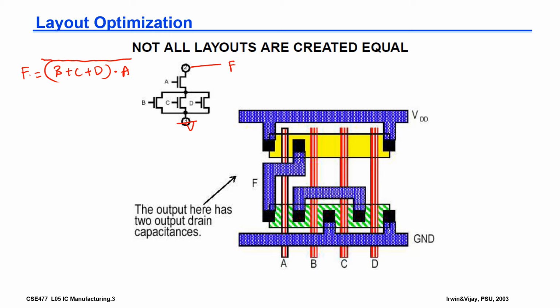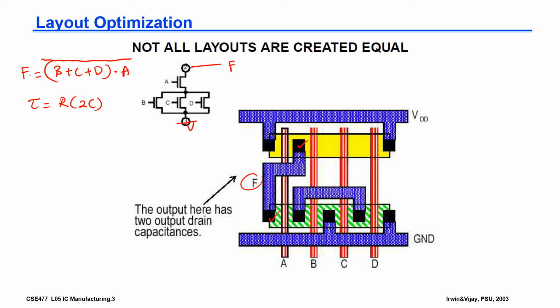But if you look at the layout construction here, they are different. So how many drain capacitance do they have? This is the output, so you have 1 and 2, only 2 output drain capacitance. So you actually reduce the output delay. Over here you have only 2 capacitance. It reduces the delay. This is a good design.